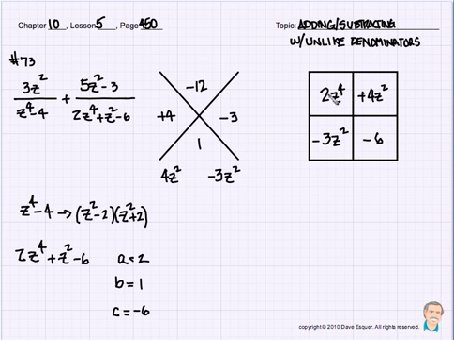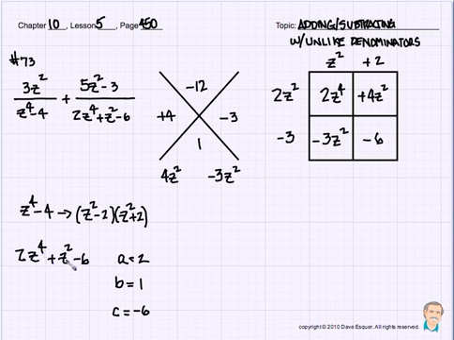So let's see if we can come up with the factors. 2z to the fourth and 4z squared. What's common is 2z squared, which defines the top as z squared, and a plus 2. That gives our lower left side having to be a minus 3. And as our final check, a minus 3 times a plus 2 is a minus 6.